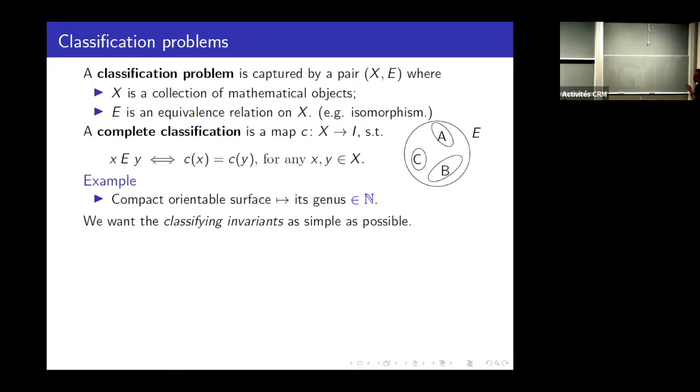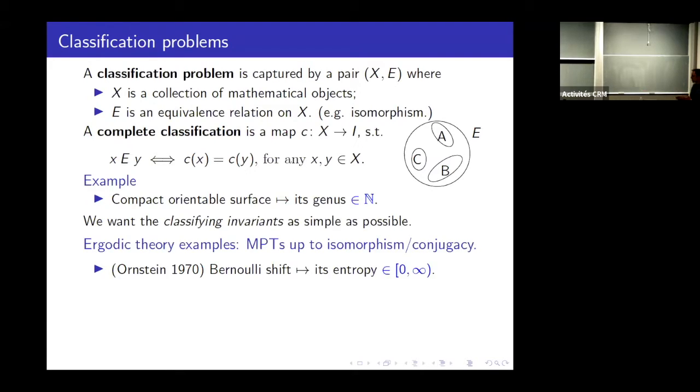But let me give you just two more examples where more involved classifying invariants show up naturally. There are these two famous results from ergodic theory. One is the classification of Bernoulli shifts by their entropy, due to Ornstein. Not all dynamical systems are classified by their entropy, but for Bernoulli shifts, they are isomorphic if and only if they have the same entropy.